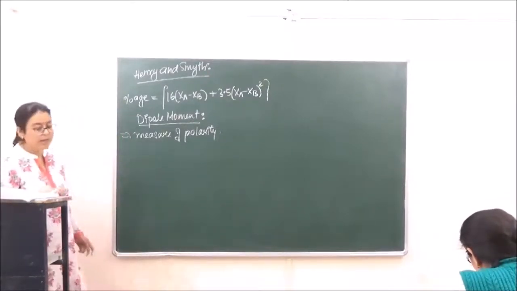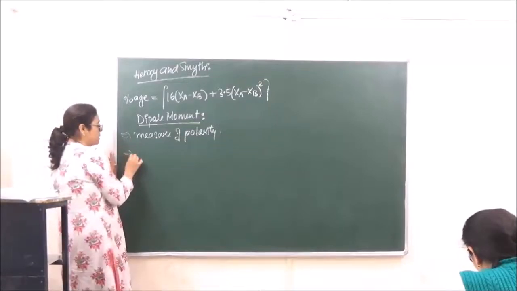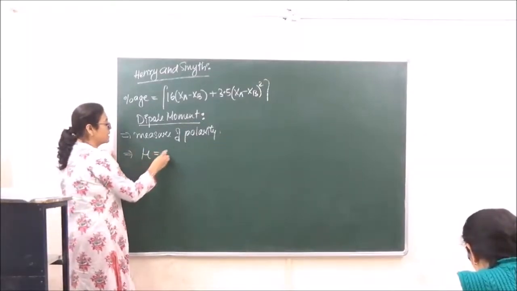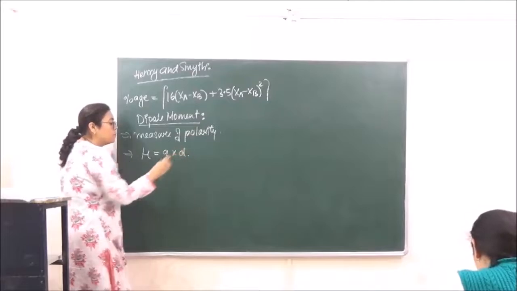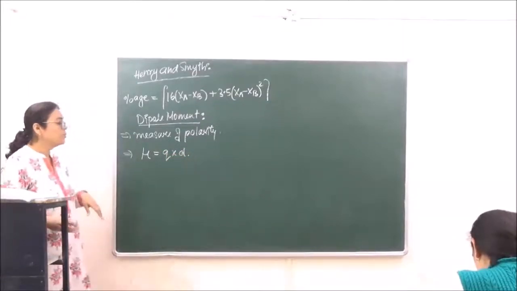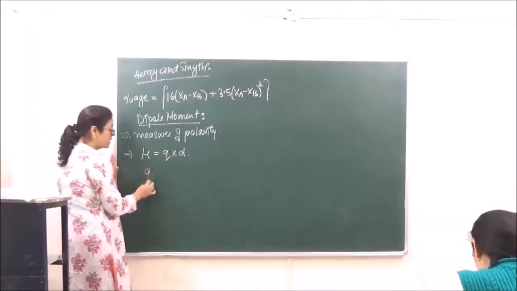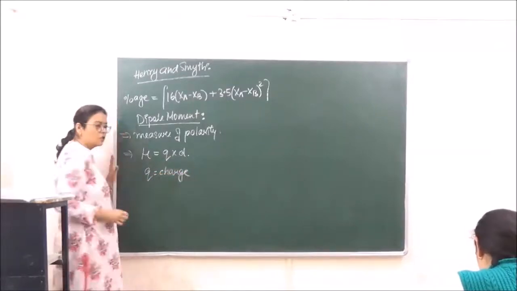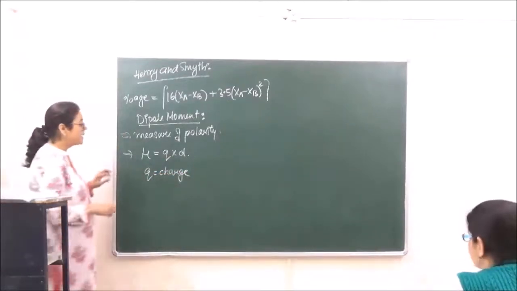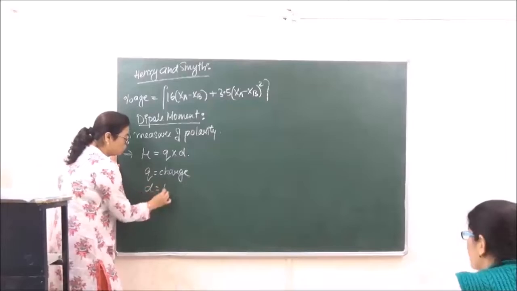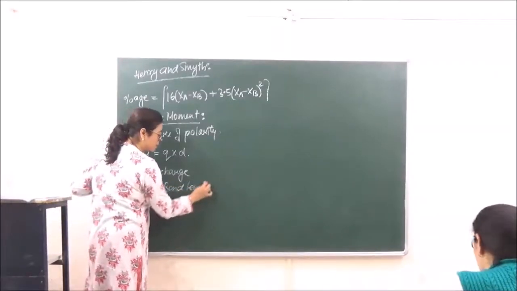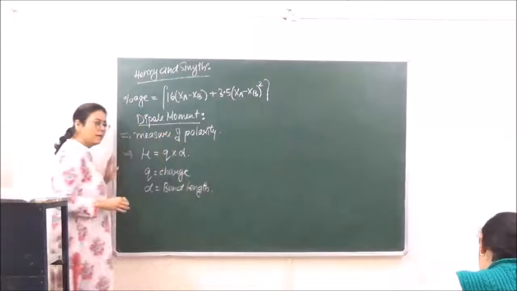Now how do we calculate the dipole moment? Mathematically, dipole moment is given as Q into D, where Q is equal to the charge on the molecule. Okay? And D is equal to the bond length. Right?